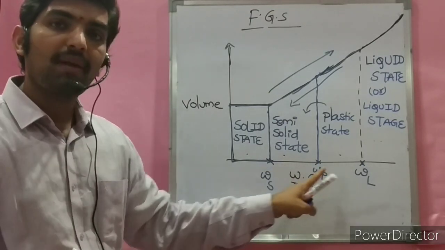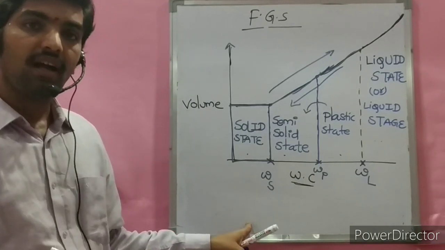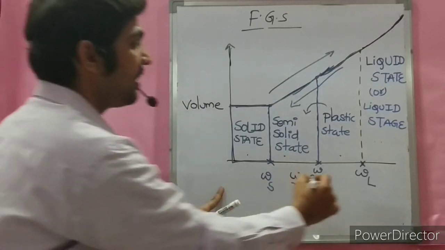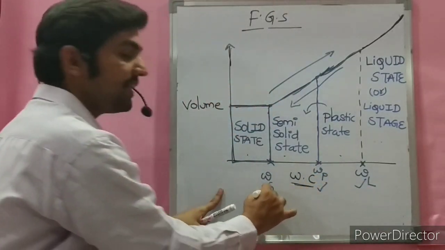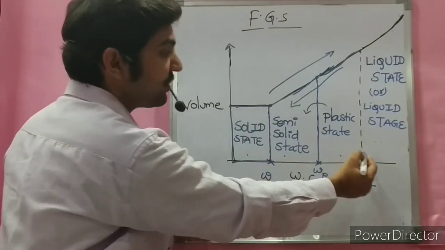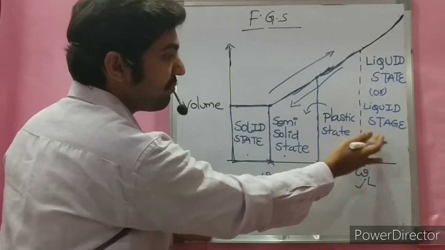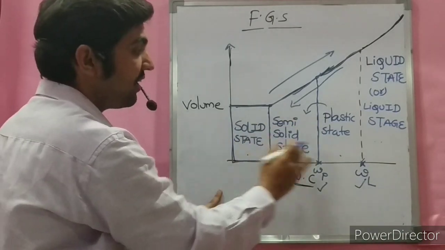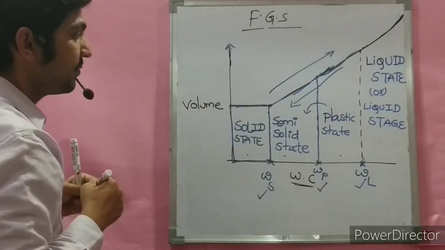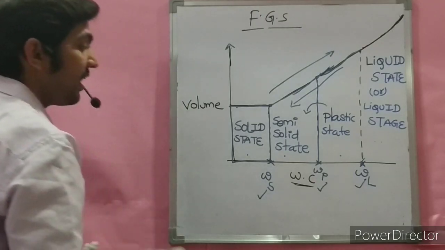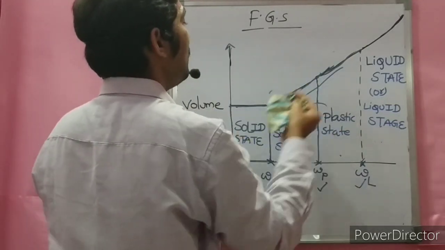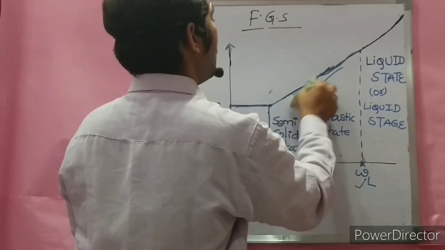The liquid limit, plastic limit and shrinkage limit are the boundary water contents where soil changes itself from one state to another. This graph is important for competitive examinations. Okay, this is the way to analyze the graph. Later we will discuss some points after this.